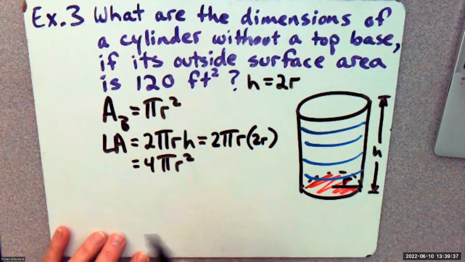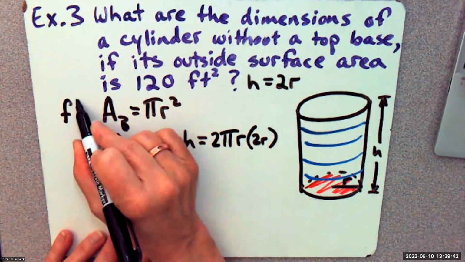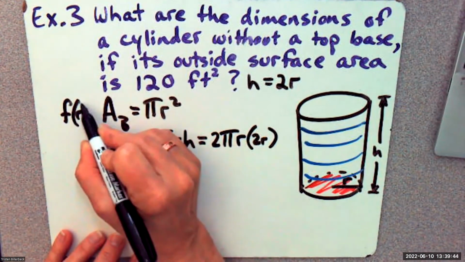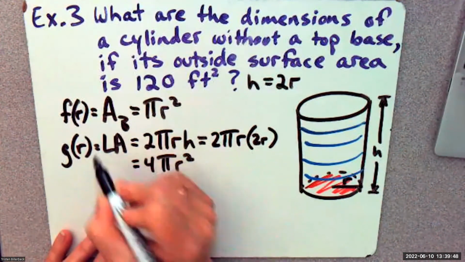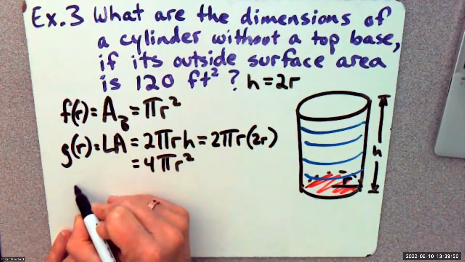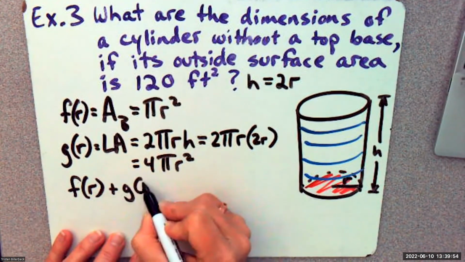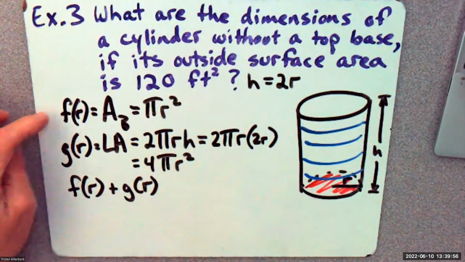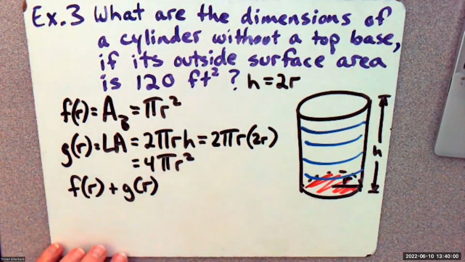So now we can add these two functions together. So if this is f of r, and this is g of r, we're going to add the two functions together, f of r plus g of r. Okay, I'm just naming this area function this, and this area function that.